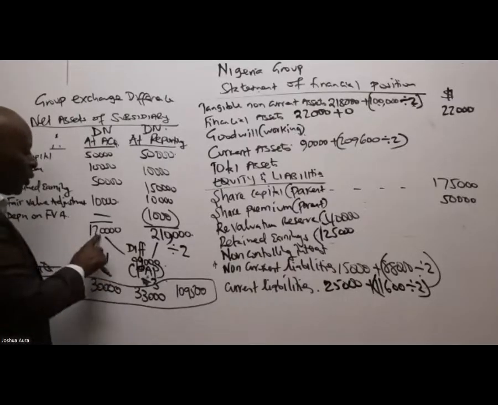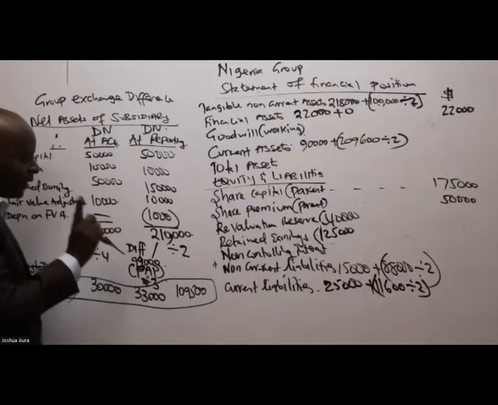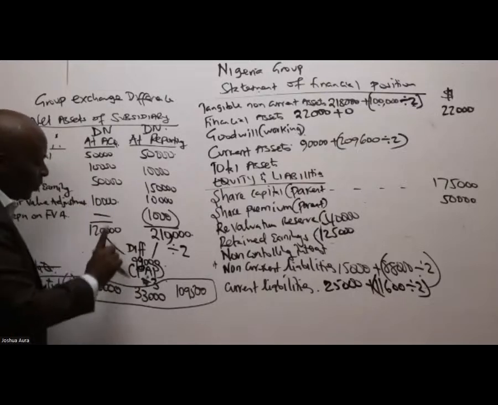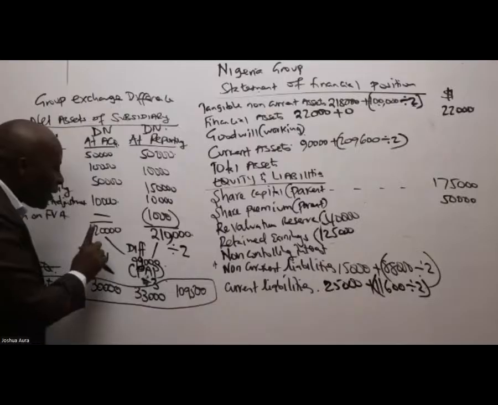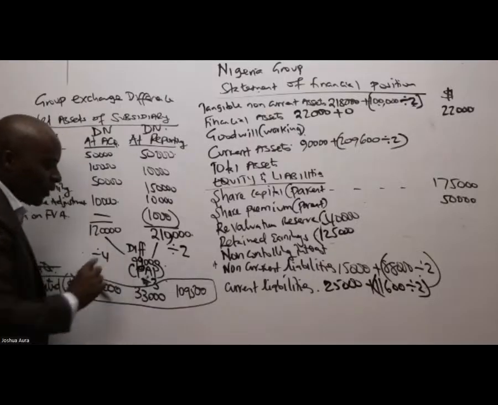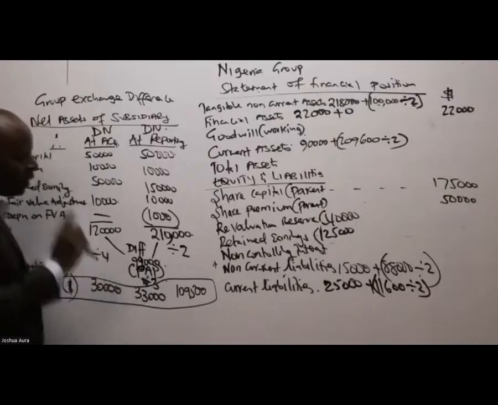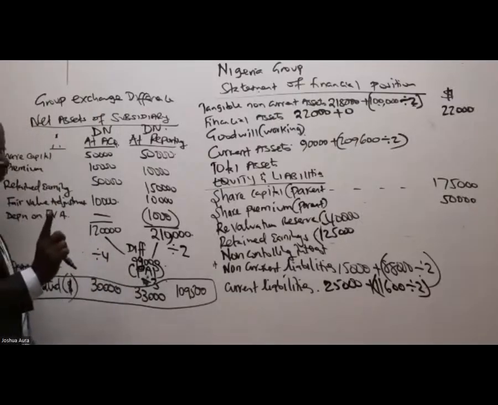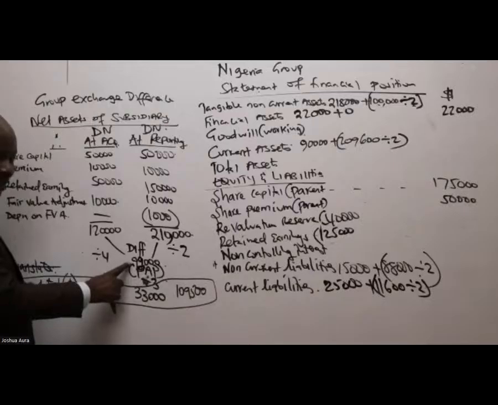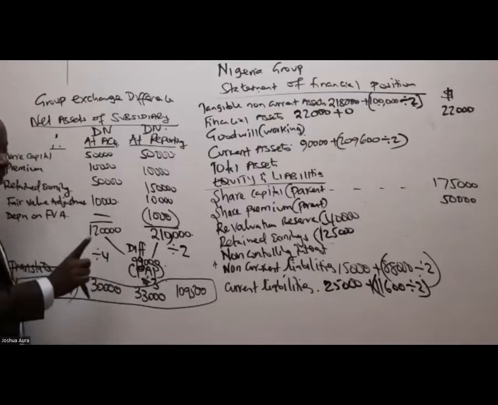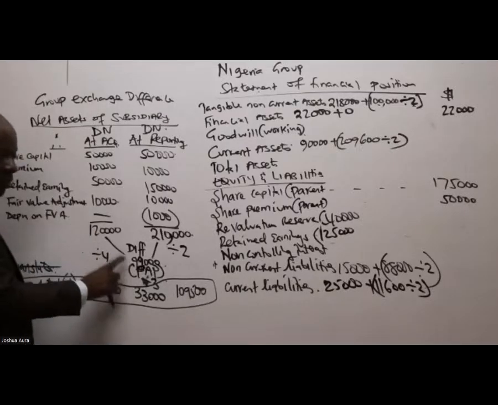When you take 120,000 plus 99,000, can somebody help me with this operation? 120,000 plus 99,000 gives me what?